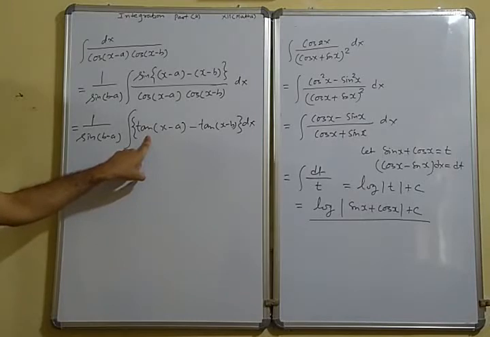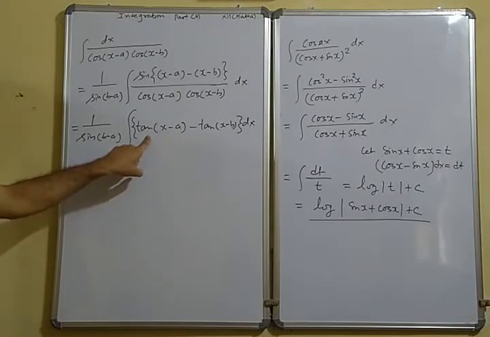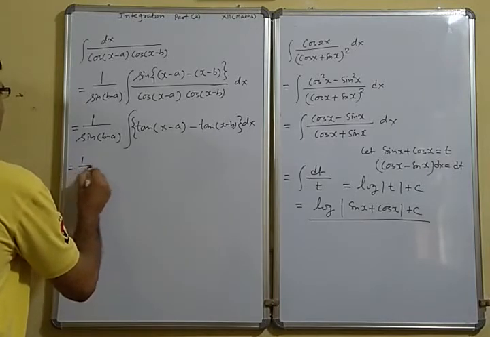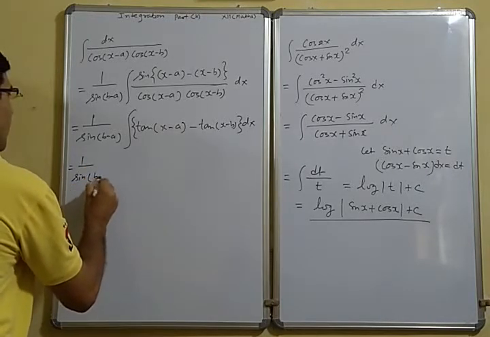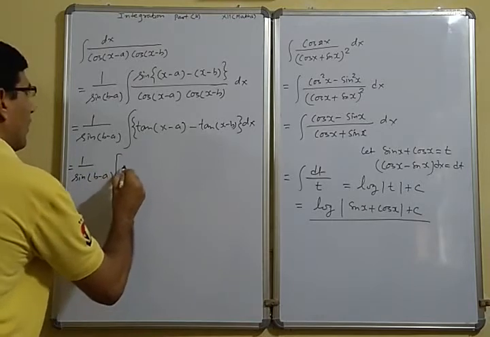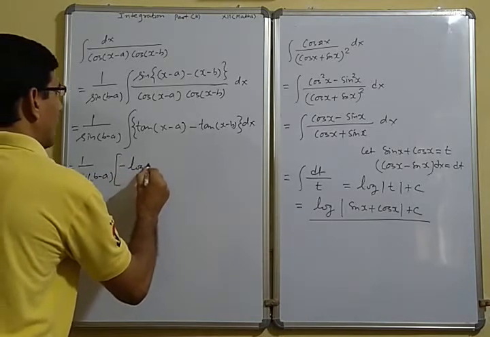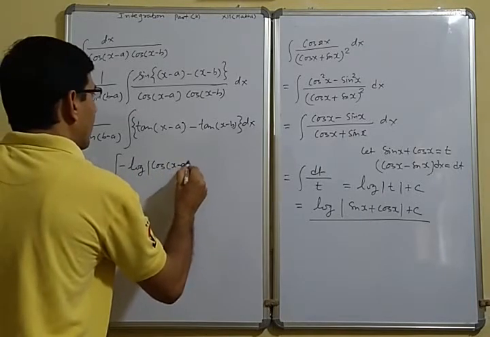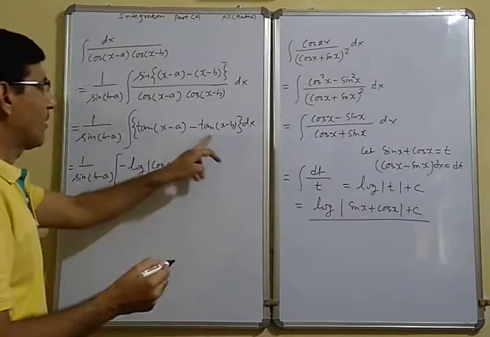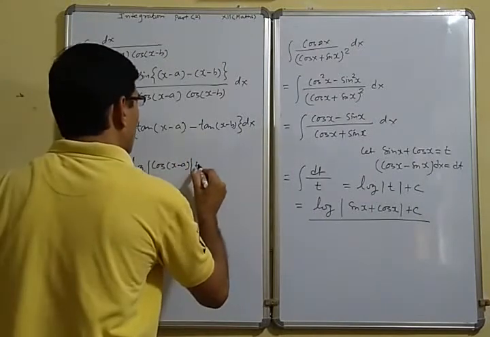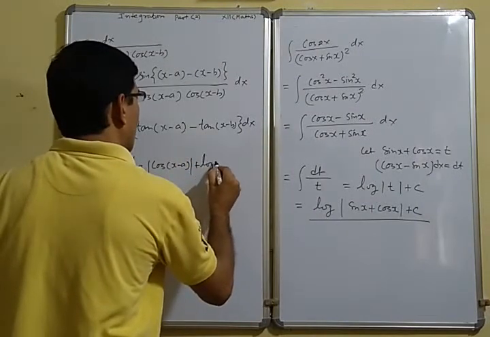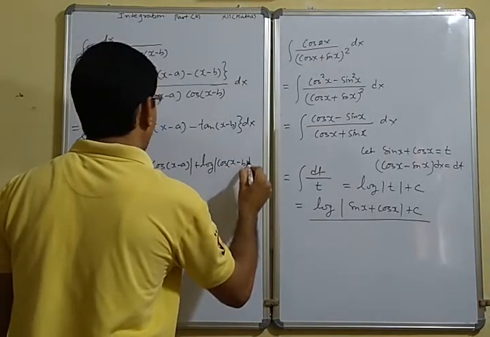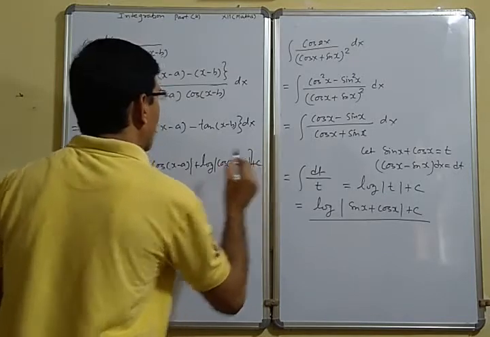Integration of tan x, we know, is equal to minus log cos x. So it becomes 1 upon sin(b minus a) times minus log cos(x minus a), and minus minus becomes plus, so plus log cos(x minus b), plus c.